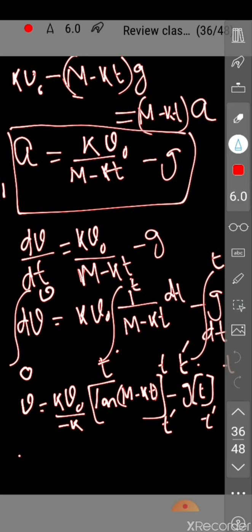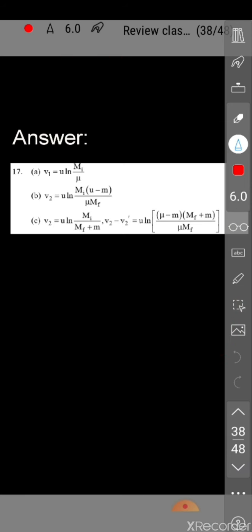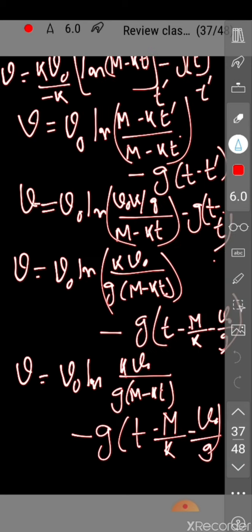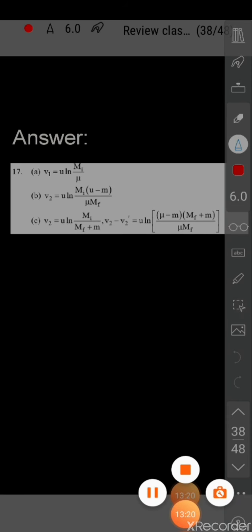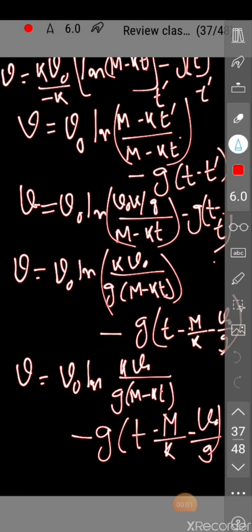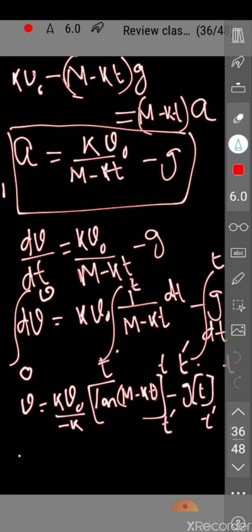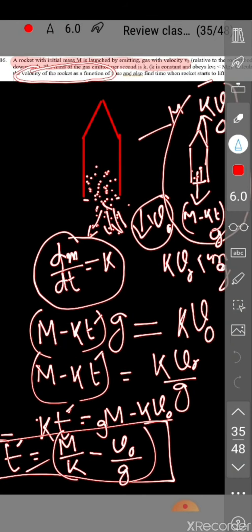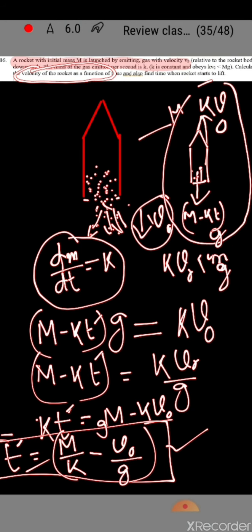We got the answer. Let's check what the answer says. There are two questions, so there are two answers. One is the time at which it starts launching, 1 by k times m naught minus k v naught by g. Let's check: m by k minus k v naught by g, with 1 by k taken outside. So this is correct.